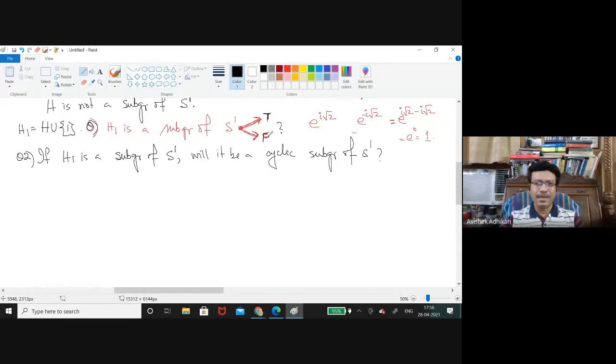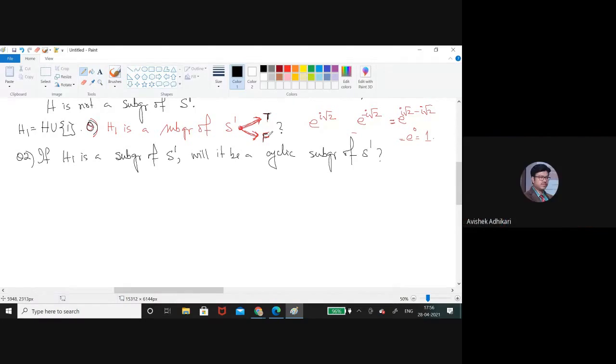Those who think that H1 is really a subgroup of S1 need to prove it, and those who think it's really not a subgroup of S1 must give me some counterexample or some extra logic so that I will be convinced enough to give you the decision that, okay, that's not a subgroup. It's quite interesting, actually. And these groups are really very interesting.